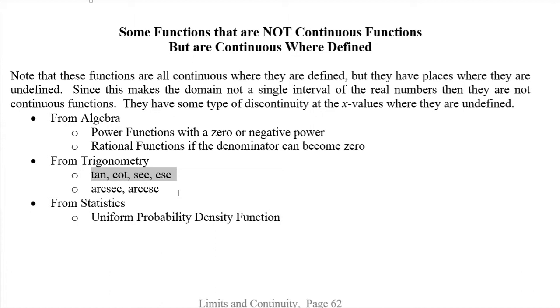In fact, they have infinitely many discontinuities that are periodically placed. The arcsecant and arccosecant functions also have a big break in the middle between -1 and 1, where they're undefined. So the graph is in two separate pieces, so it's definitely not a continuous function. A uniform probability density function technically is defined for all real numbers, so it's in 3 pieces, and those 3 pieces are disconnected when you look at the PDF.